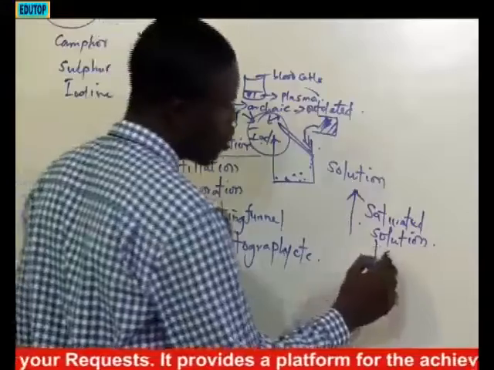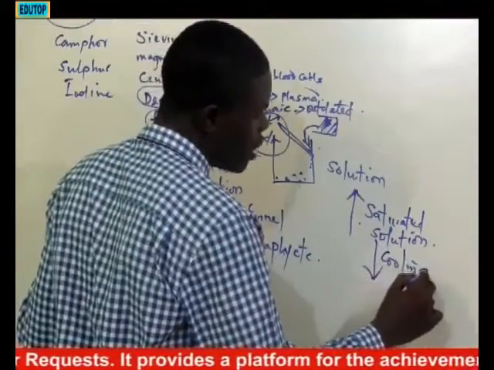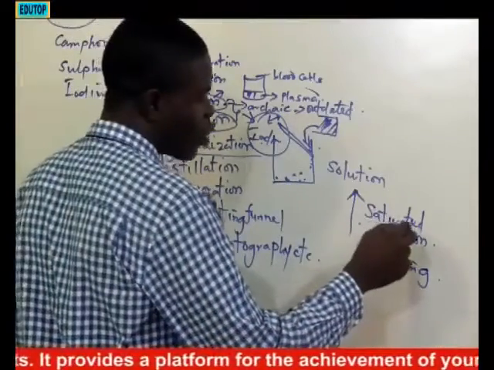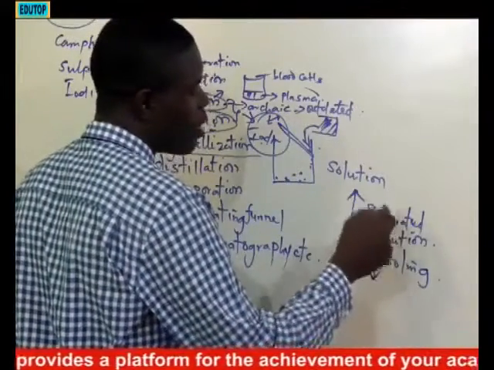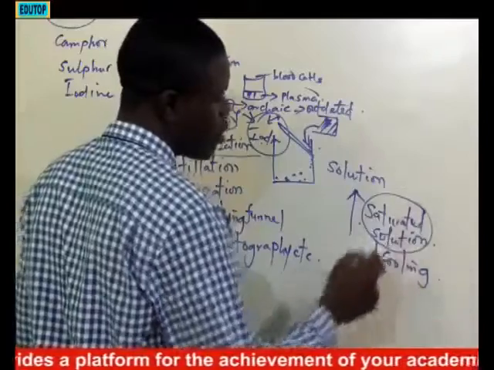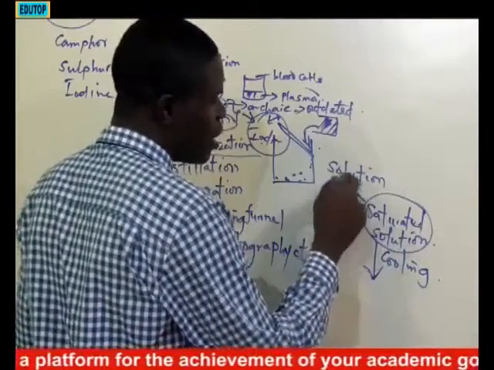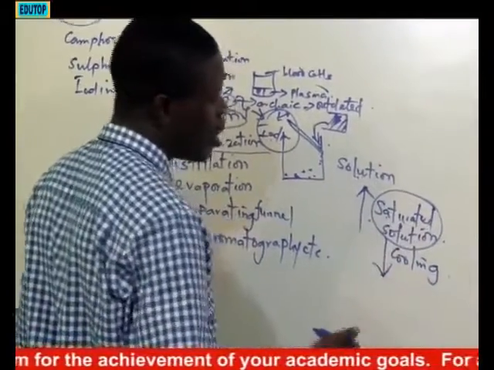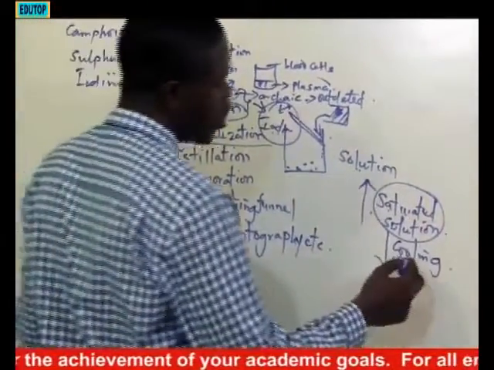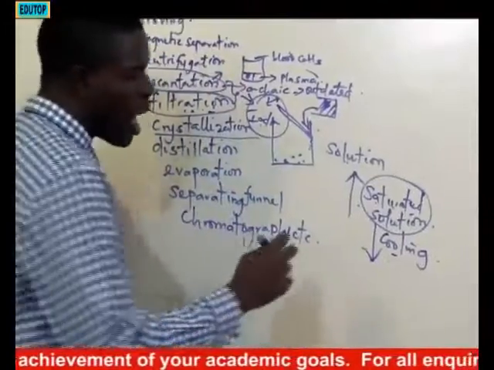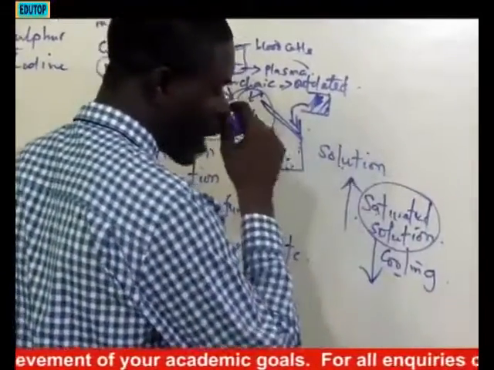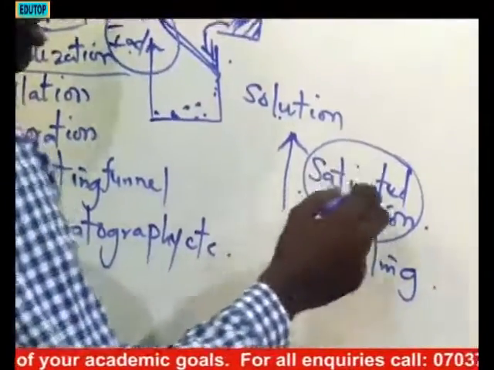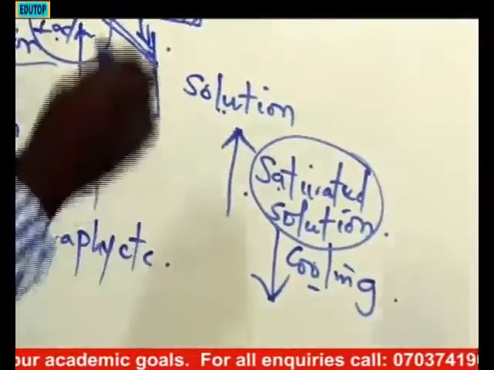You subject it to what? Cooling. When you now cool it at a particular temperature, you have crystals. By the time you heat this, evaporating some of the solvents, you have a saturated solution. And when you subject it to cooling at a particular temperature, that's because the substances that you have in this are salts, and each salt is very sensitive to its temperature.